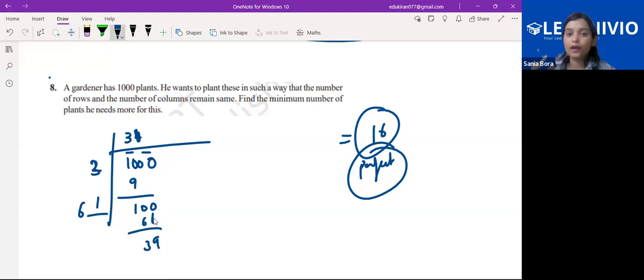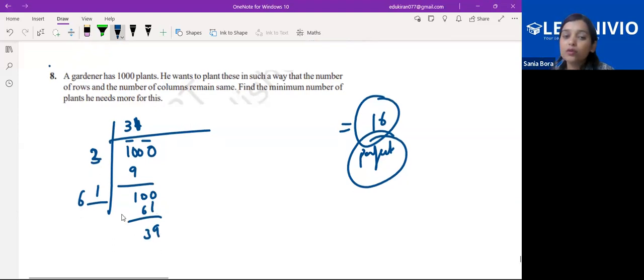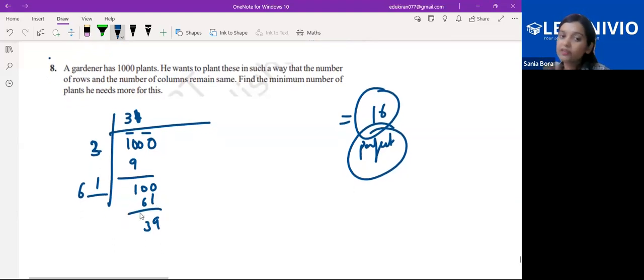Okay. Let me clear one thing to you people. There are two methods to do this. One, you can take a number which is greater than that, so automatically the remainder would be your answer. But when you are getting a remainder which is less than that, which is 39, automatically this is less than this, greater than this.